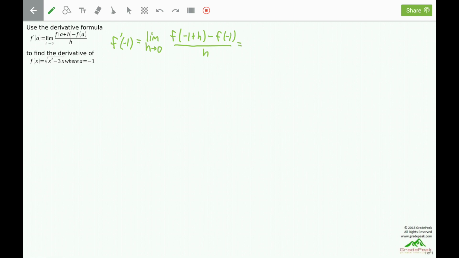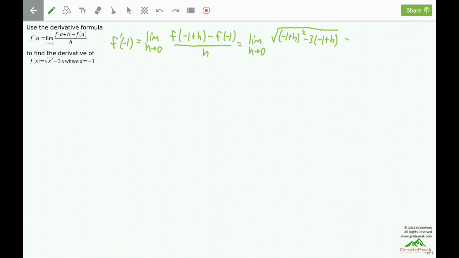Next thing to do is to evaluate the function at negative 1 plus h and negative 1. F of negative 1 plus h means to take f of x and replace each x with a negative 1 plus h, so we will have the square root of negative 1 plus h squared minus 3 times a negative 1 plus h.